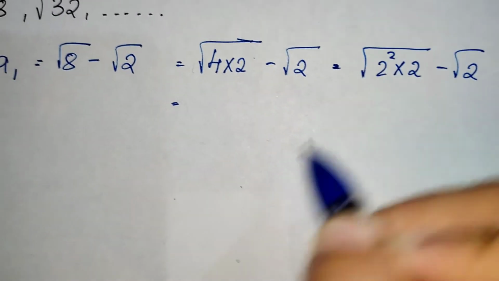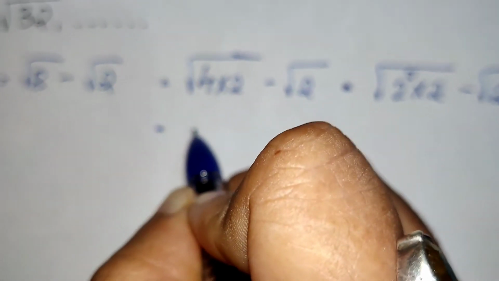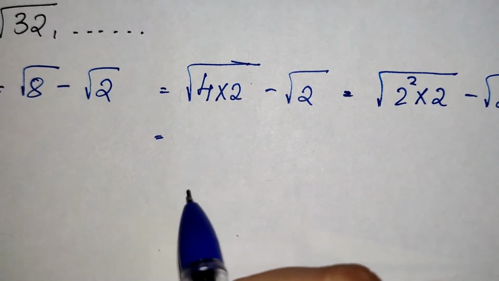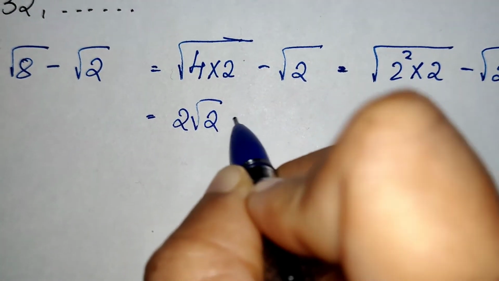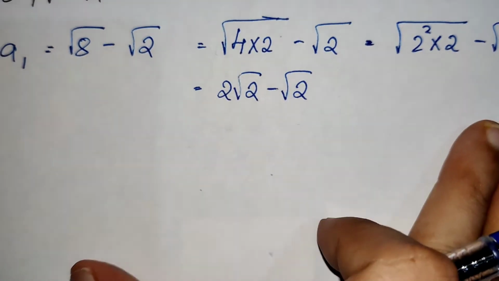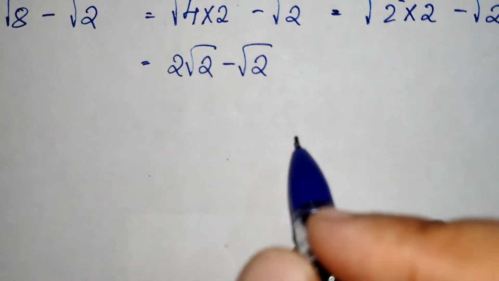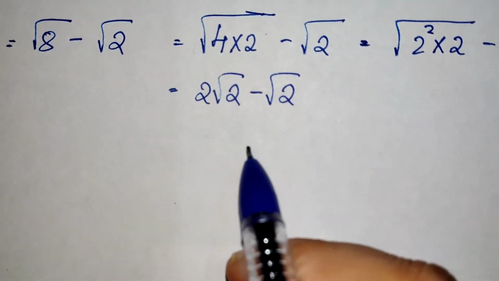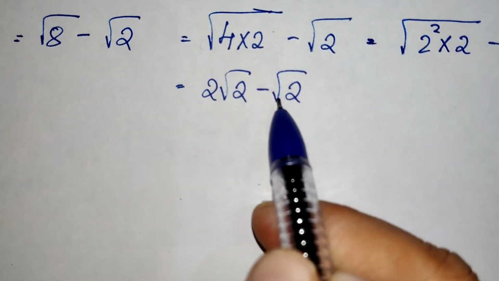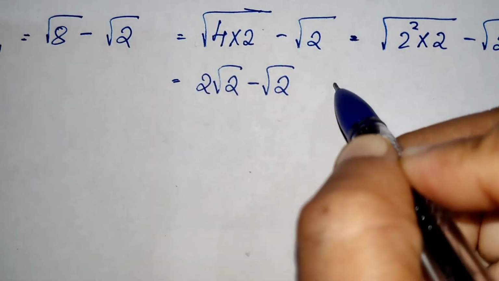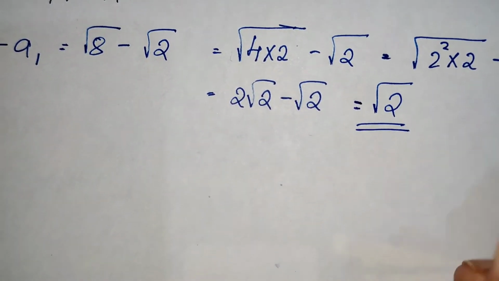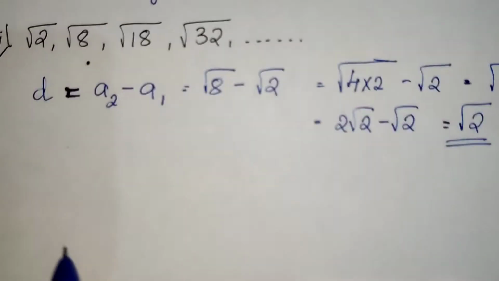The square and square root get cancelled, so 2 will come outside. So it is 2 root 2 minus root 2. I can directly subtract these terms since they are like terms. So 2 root 2 minus root 2 I get root 2. So root 2 is our common difference in the first scenario.